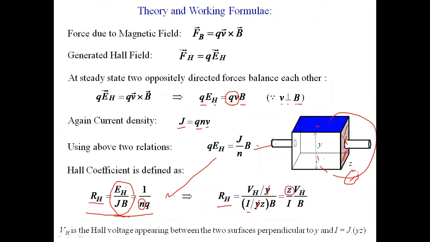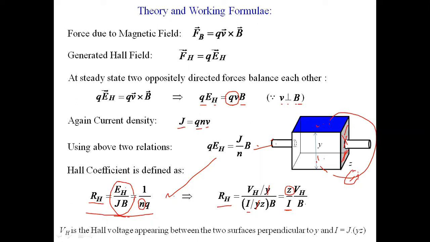But if we do that, it will be an erroneous result, because we are not certain that no random error is introduced in that observation. In the previous class, Sir told you about random errors which generally occur in any experiment. If we do a calculation with a single value of I, B and VH, then it is highly probable that random error will occur. So in this experiment, we'll fix the current. Throughout this experiment, the current passing through the semiconductor remains fixed, and we will vary the magnetic field.